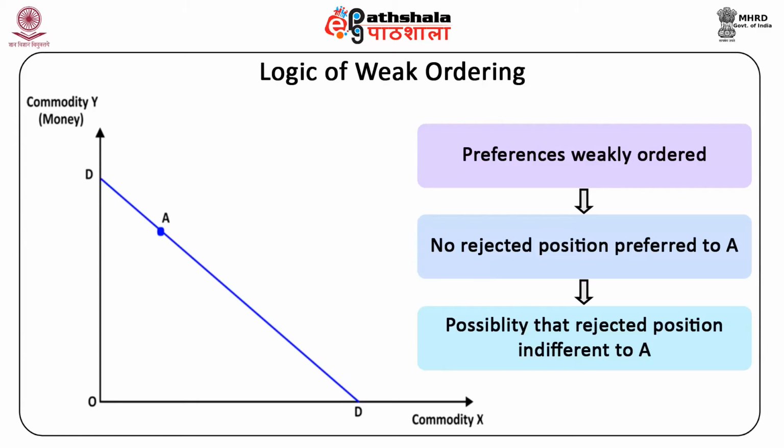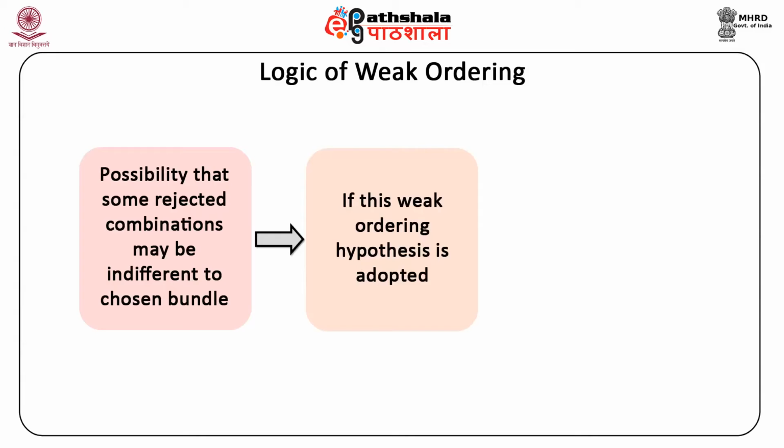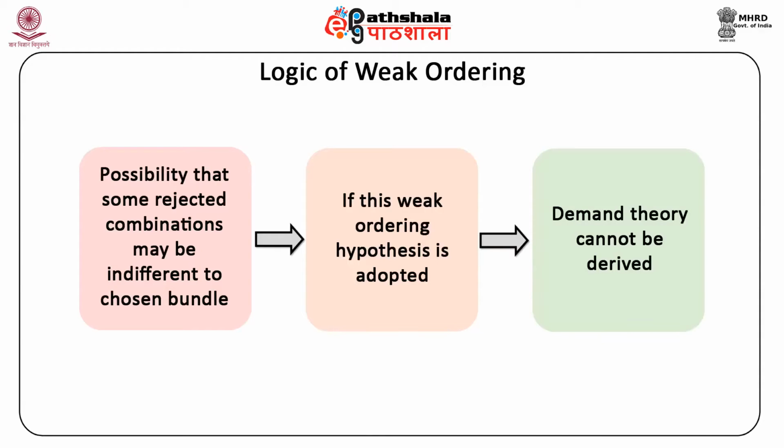The choice of A instead of that rejected position is then a matter of chance. There is a possibility that some rejected combinations may be indifferent to the chosen bundle. If this weak ordering hypothesis is adopted, then with this little information the demand theory cannot be derived.